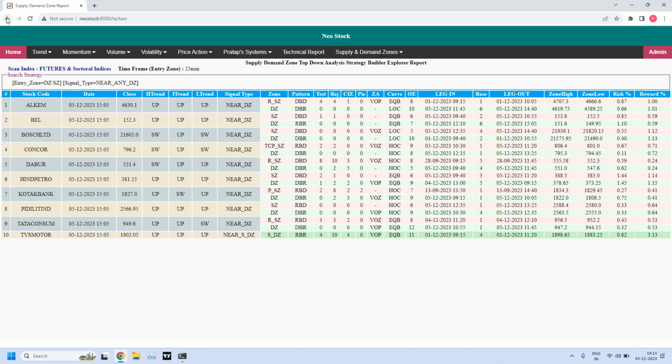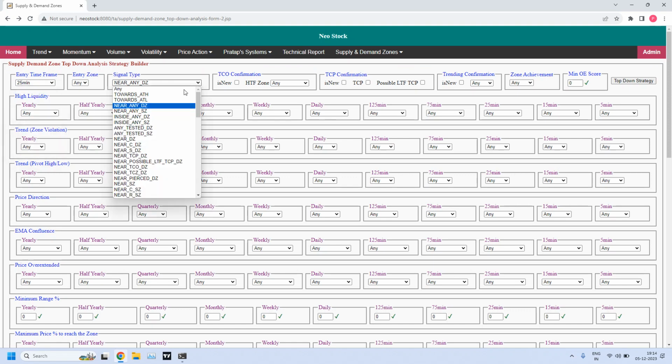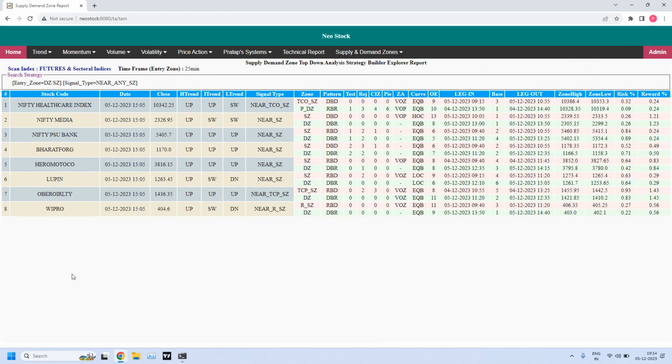Let's go back. Entry time frame is 25 minutes. Let us find the stocks which are near to the 25-minute supply zone. These 8 stocks are filtered. So let's go back.